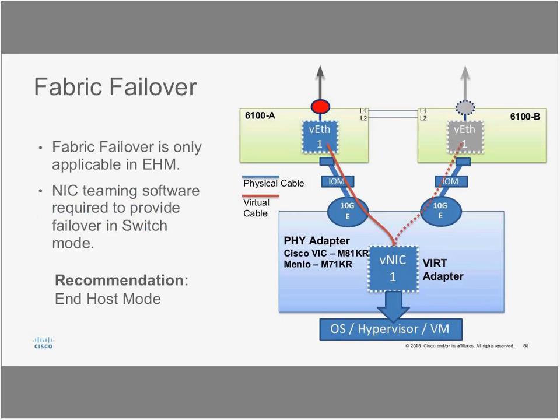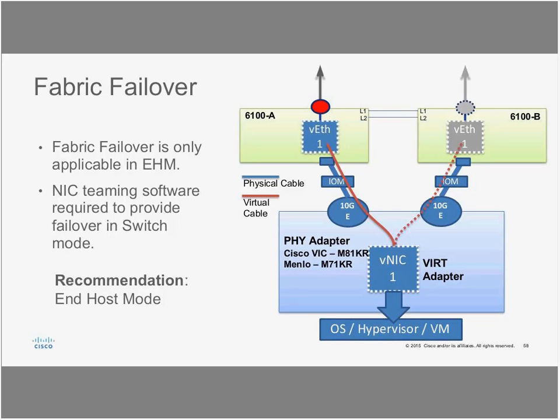Fabric failover. Okay, so here we are in end-host mode, okay? And you essentially have your adapter here that has one VNIC. In that VNIC, you've gone in there and selected that you want fabric failover, you want UCSM to handle failover for you.